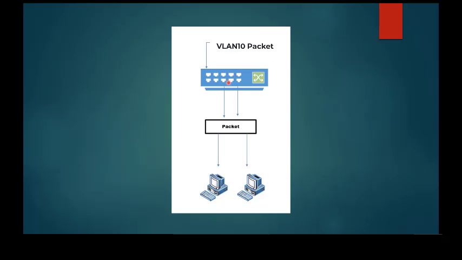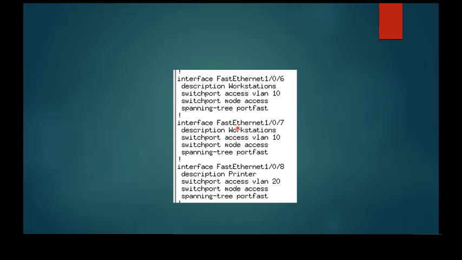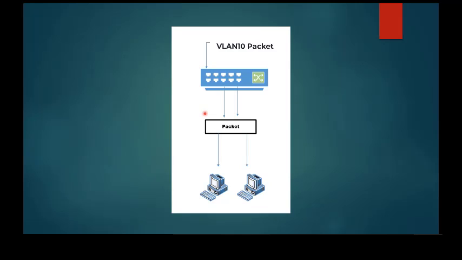But at the switch level, that packet no longer has VLAN 10 in it. The VLAN packet tagging is removed at that switch, and that packet is carried down without that tagging to the devices. And in reverse, everything will come up as a packet. As soon as it hits that interface, it gets tagged with the appropriate VLAN and then passes out.